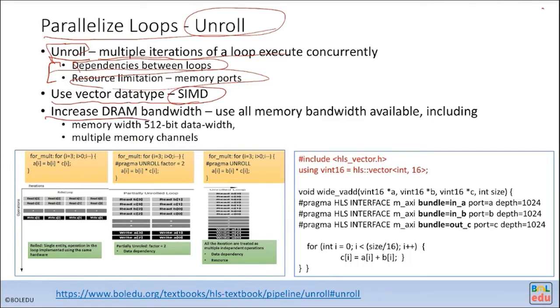And then you have to increase the DRAM bandwidth. There are two ways: one is using 512-bit data width, or using multiple memory channels. Those are the techniques you will need when you unroll a loop.